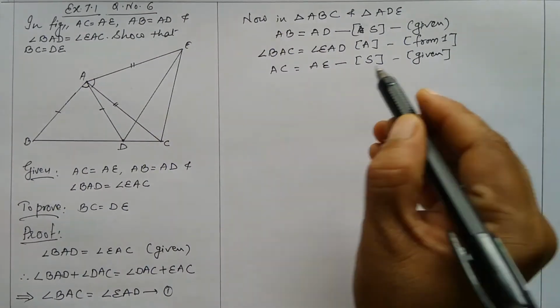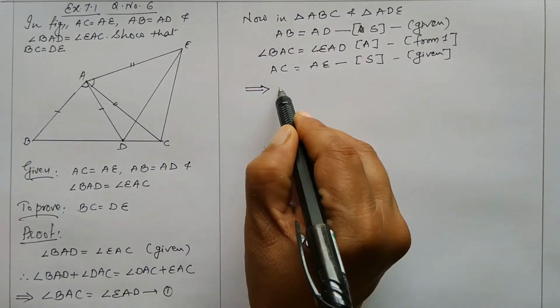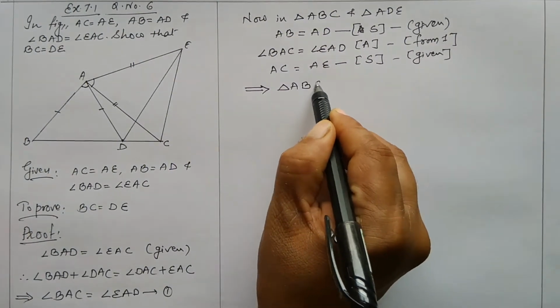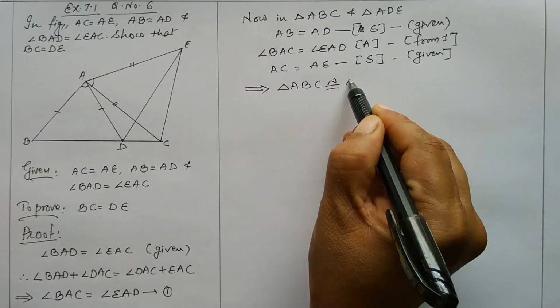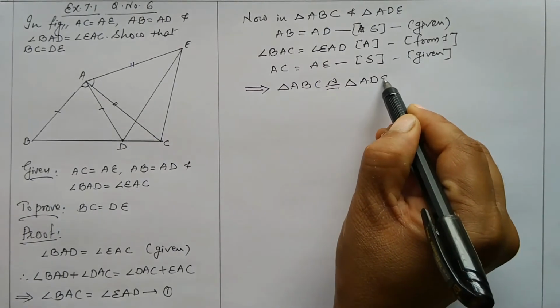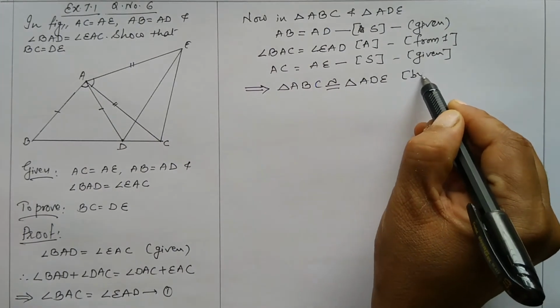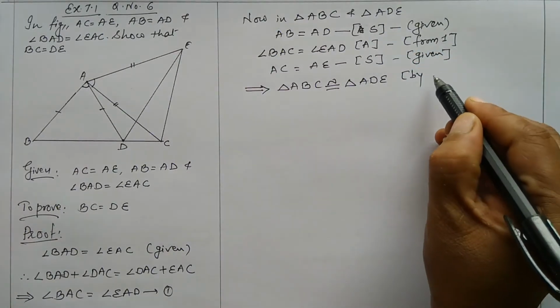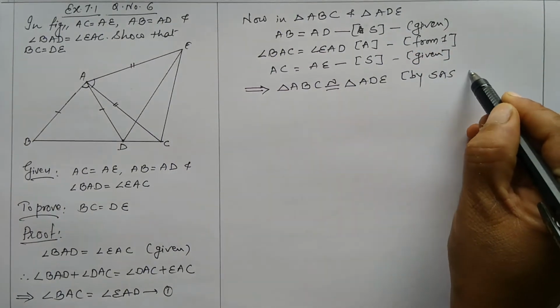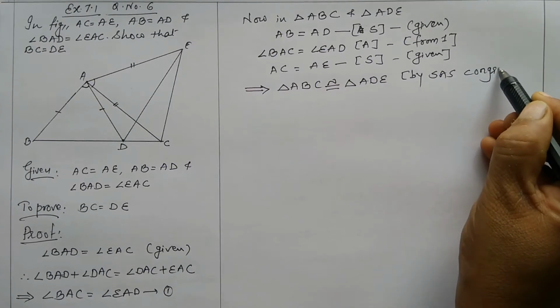So what can we write? This implies that triangle ABC is congruent to triangle ADE by the side angle side congruence rule.